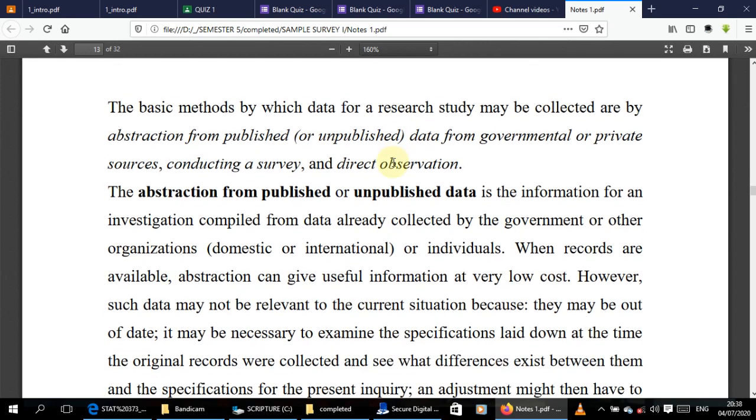The basic methods by which data for a research study may be collected are abstraction from published or unpublished data from government or private sources, conducting a survey, and direct observation. These are the three basic methods you can use to get your data.